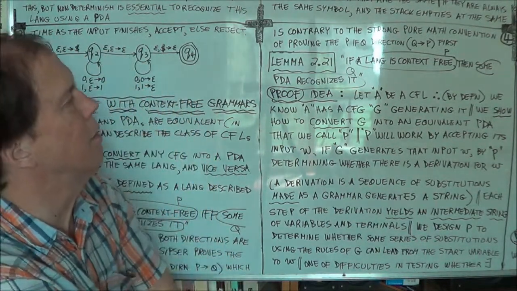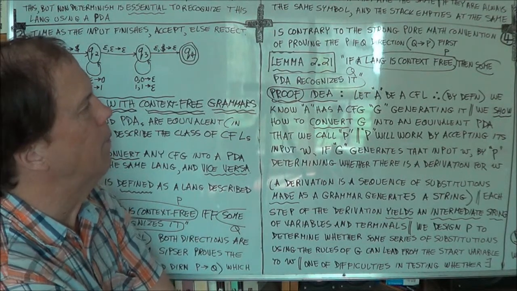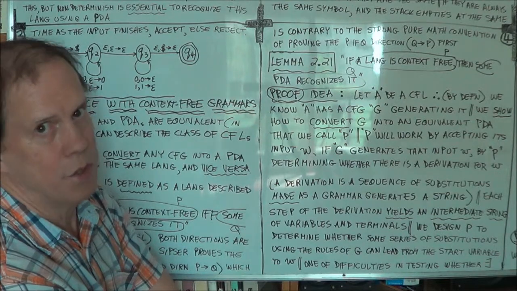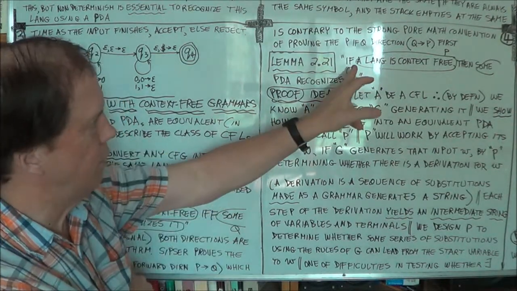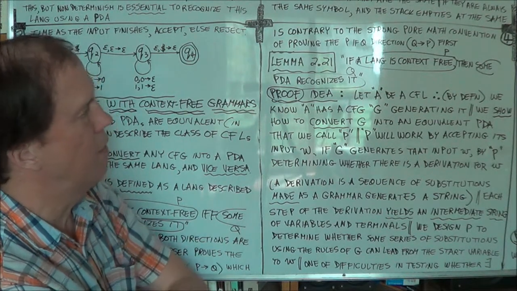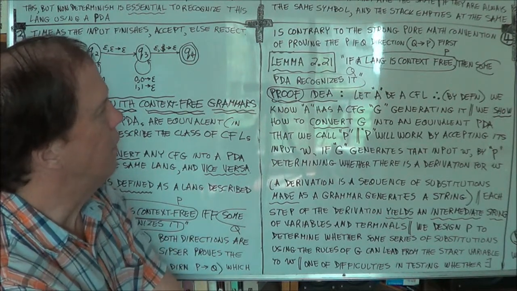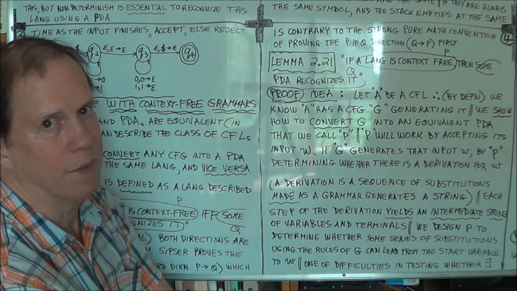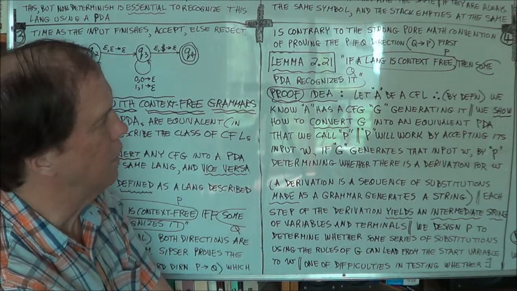So look at what the statement's saying. You've got some language, and if you're assuming that that language is context-free, then there'll be some PDA that can recognize that language. That's the statement.